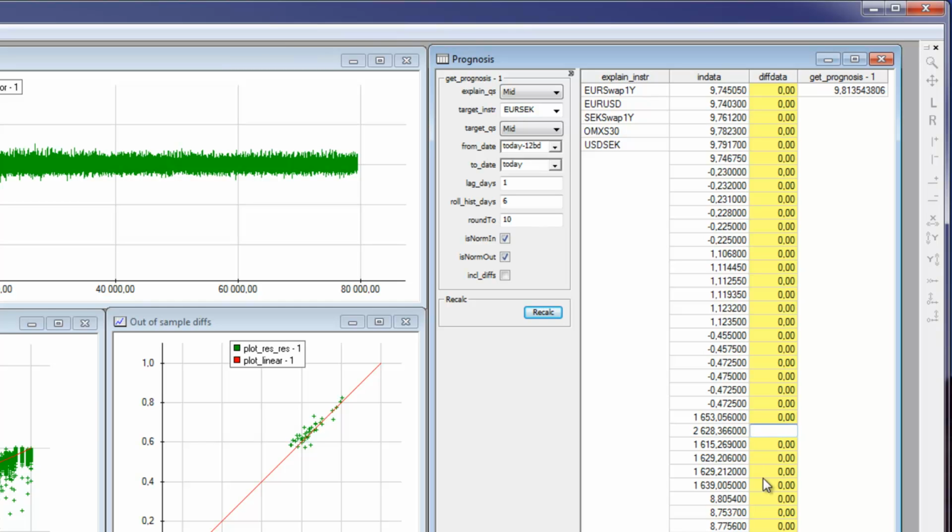If we move the real time, we get a prognosis of the EUR/SEK that goes down. But if the day before that was also up, it's not sensitive to this. So the neural net has clearly found weights that are nonlinear and non-trivial in terms of how sensitive these data are for our prognosis.